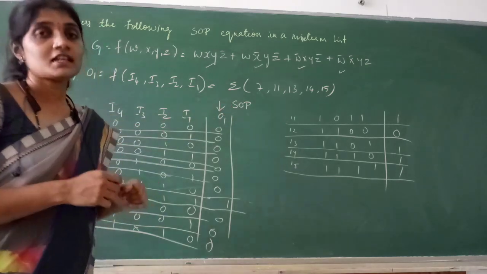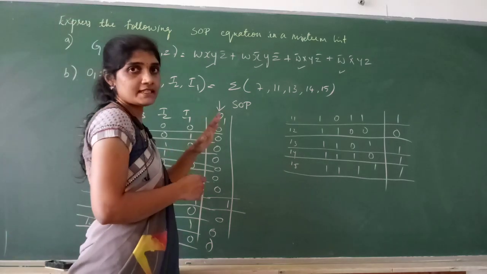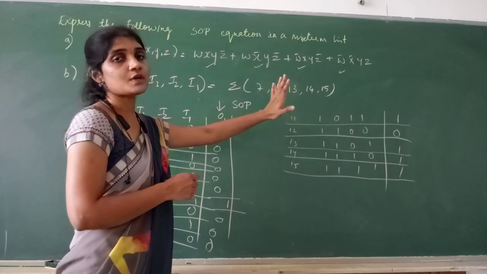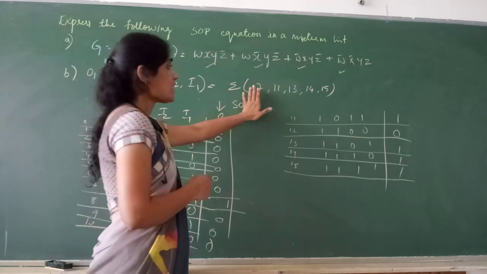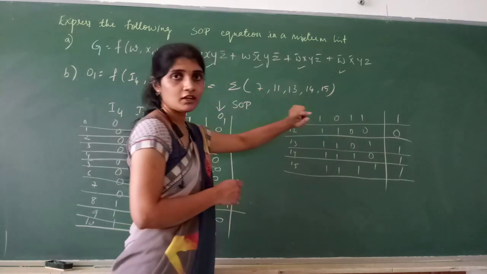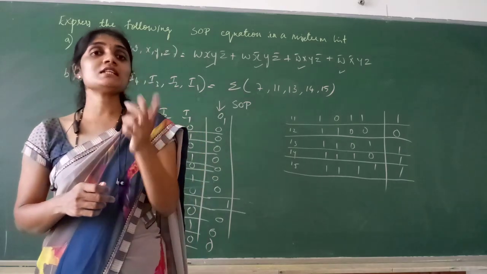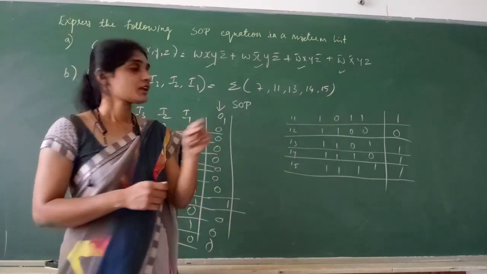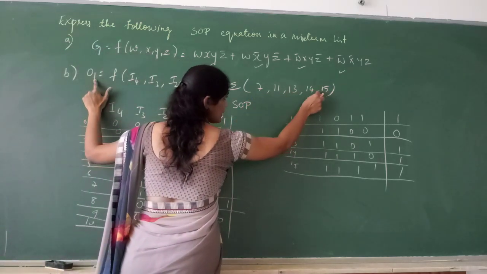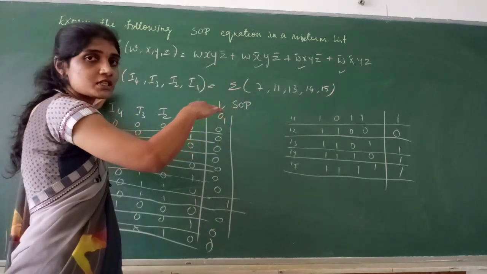Now the question is, can we list out max terms from this? Yes, it is very simple. See, these are min terms. Min terms tell us when the output variable is logic 1. Output will be logic 1 only for 7, 11, 13, 14, 15. What is a max term? Max term tells us when the output variable is logic 0. If this output variable is taking 1 for 7, 11, 13, 14, 15, for all the remaining combinations it is taking 0.